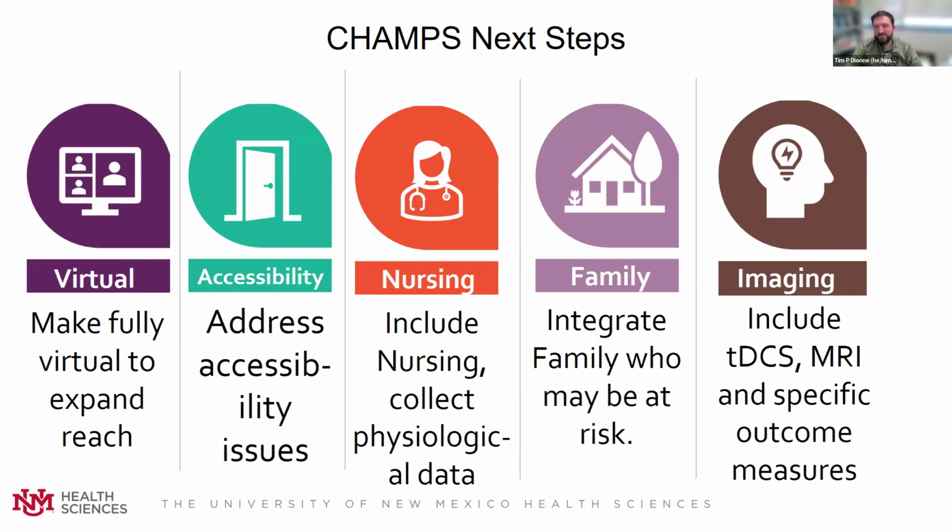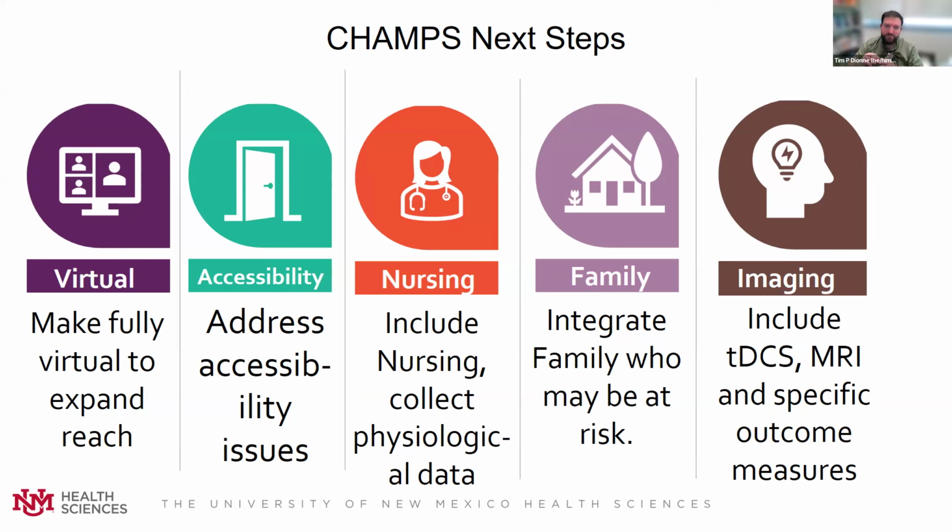We also want to include nursing, the nursing discipline, in the study to collect things like physiological data. We were using proxy measures in terms of cardiovascular and blood pressure and like A1C and things like that. And then the next one, family: we want to integrate those who may be at risk into the study. So when I mentioned earlier, we were targeting people who are at risk for stroke, this was people who've experienced a stroke.